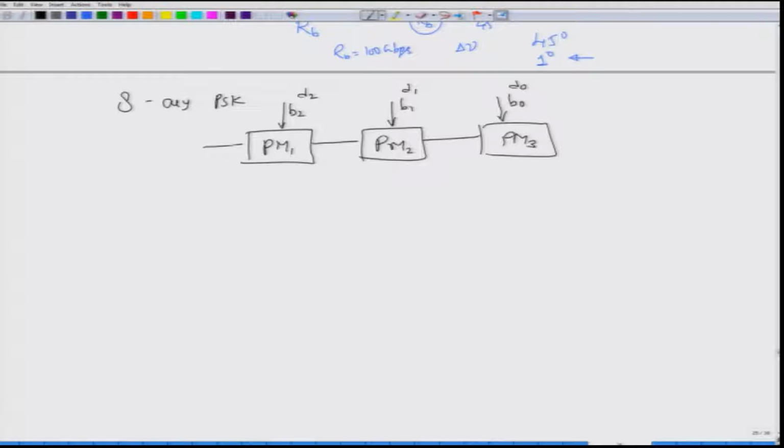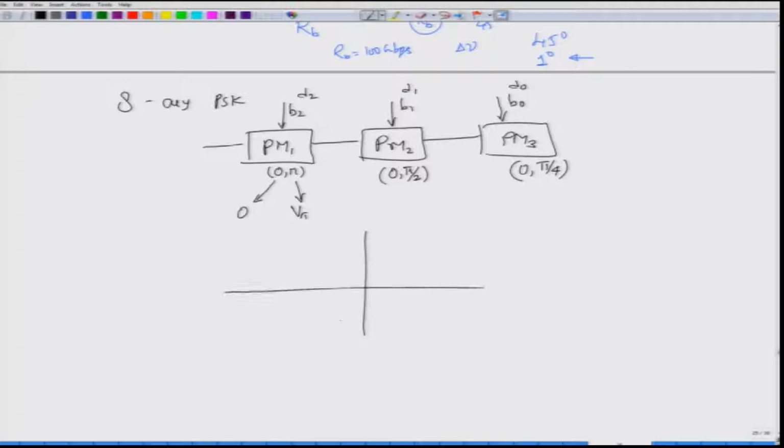You configure the first phase modulator to give you phases from 0 to pi. Remember how to do this one, this is by sending 0 voltage signal. To obtain a pi phase shift, you have to send in V pi. Okay. Similarly, you configure this phase modulator to give you 0 and pi by 2, this one to give you 0 and pi by 4. Okay.